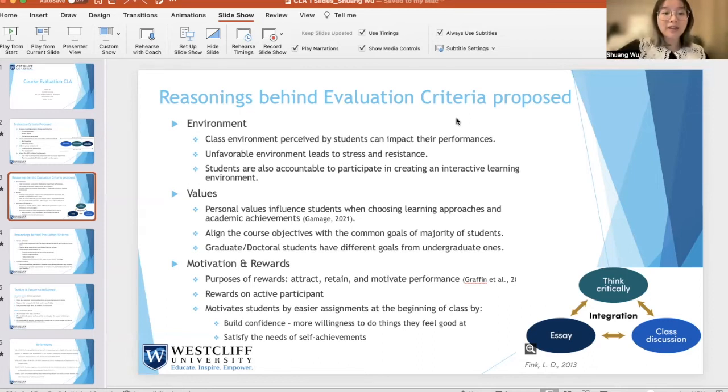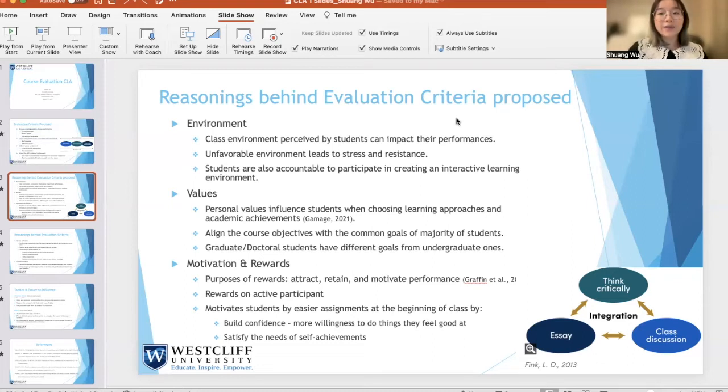In terms of values, it's believed that personal values influence students' choice of learning approaches and automatically influence their academic achievement. It is impossible to design a course that satisfies each student's values. We can align the course objectives with some of the common goals of the majority of students. We also need to know that graduate students have different goals from undergraduate ones.